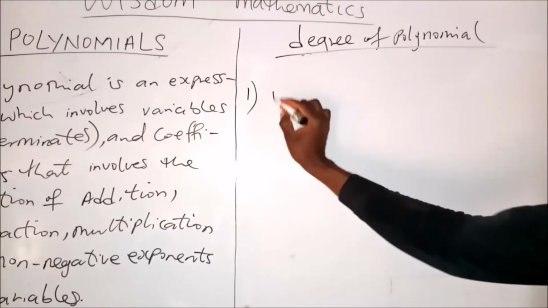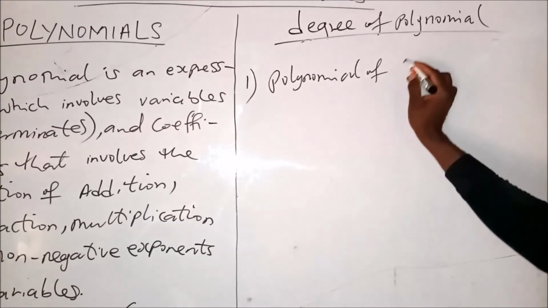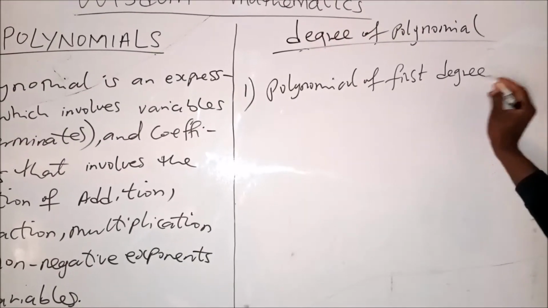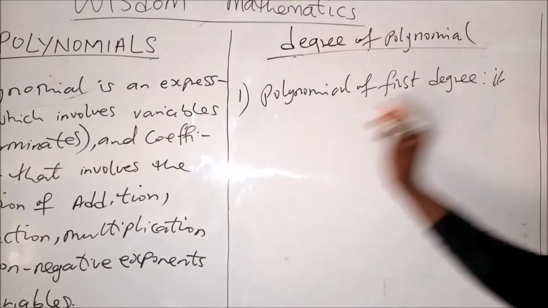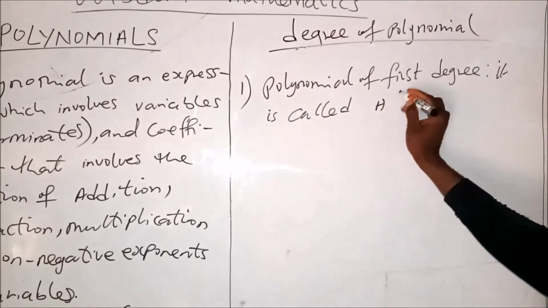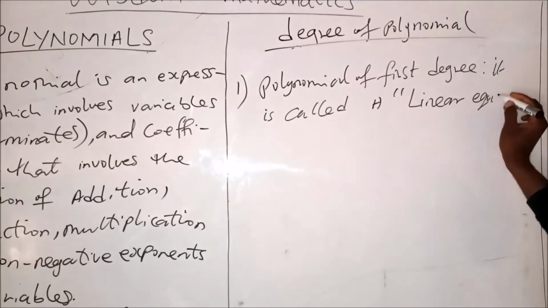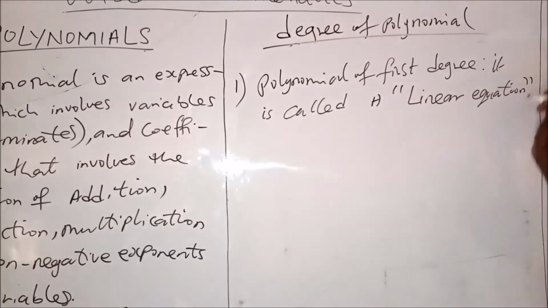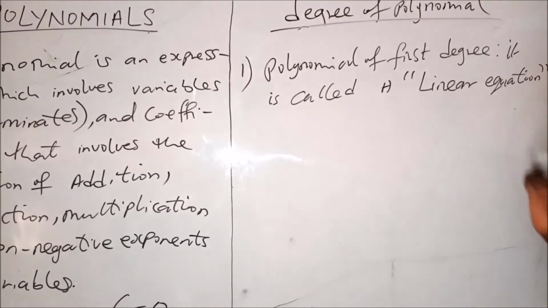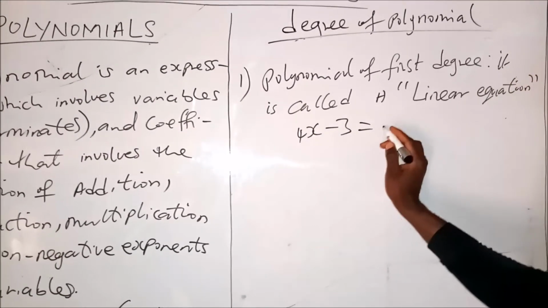Now, number one is polynomial of first degree. It is called a linear equation. So polynomial of first degree has a name called linear equation, and the example can be 4x minus 3 equal to 0.